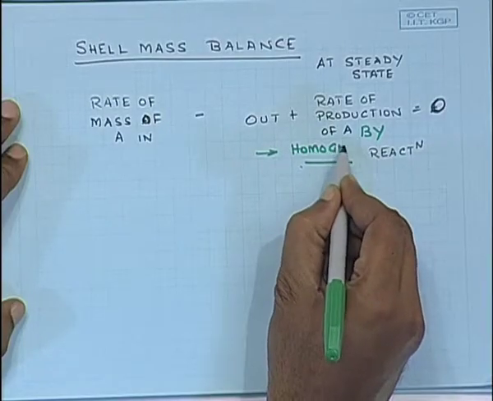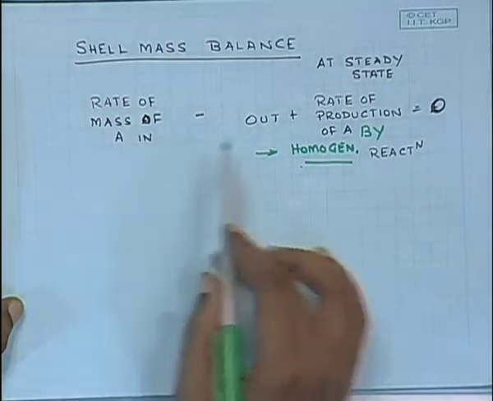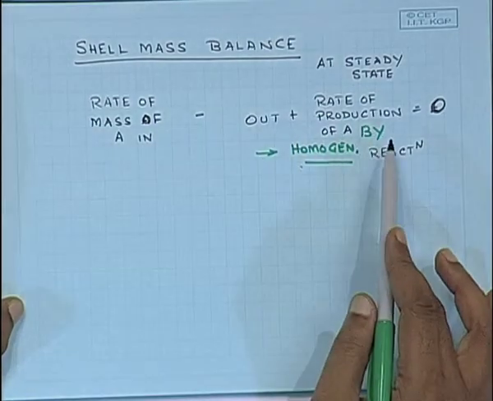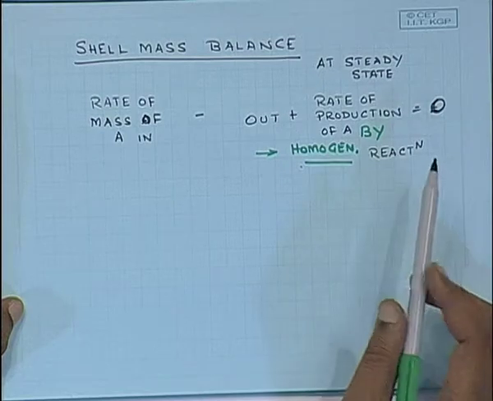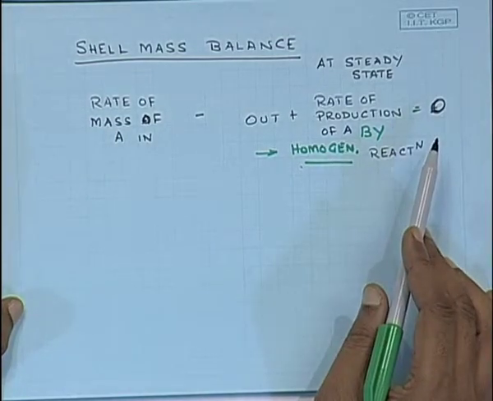Only the homogeneous. And so, heterogeneous reaction I am not considering at all in formulating the governing equation. So, this has to be for a homogeneous reaction. Rate of mass of A in minus out plus production or depletion, whatever may be the case, by a homogeneous reaction would be equal to 0.